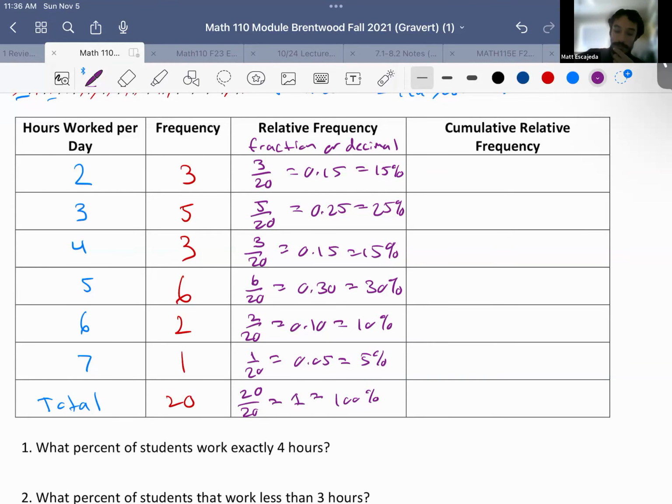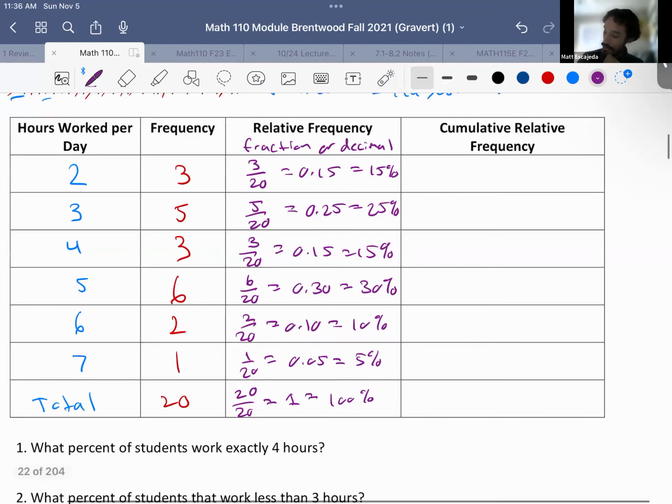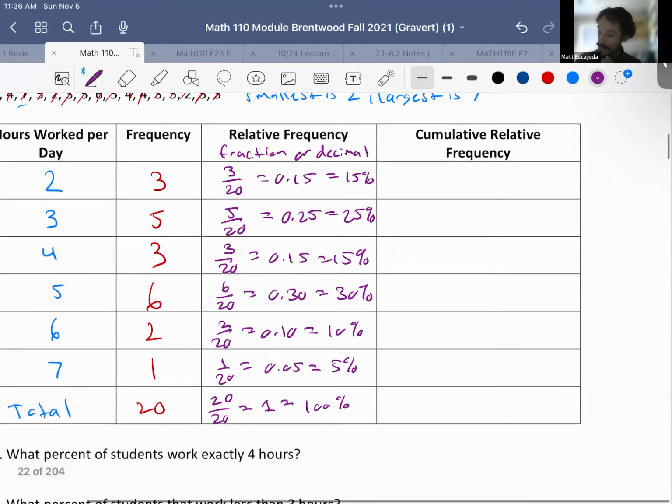Okay, so a couple of things to check here, I'll talk about this in a second. So let's calculate cumulative relative frequency.